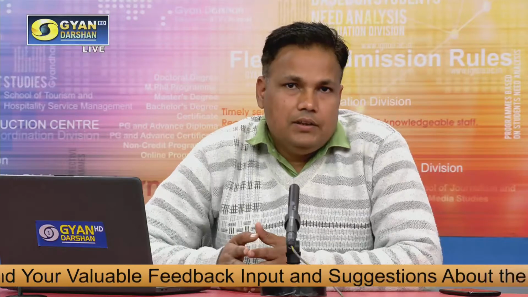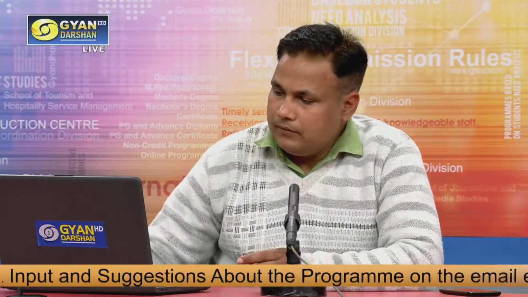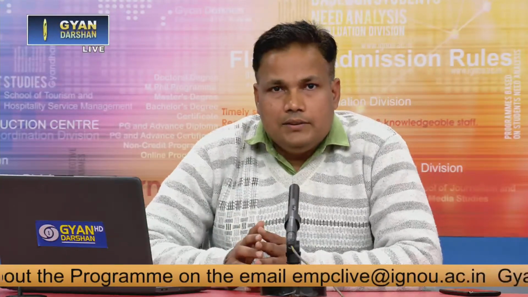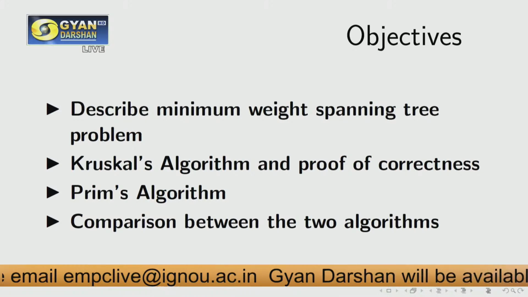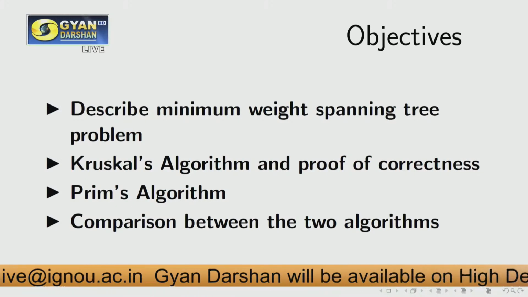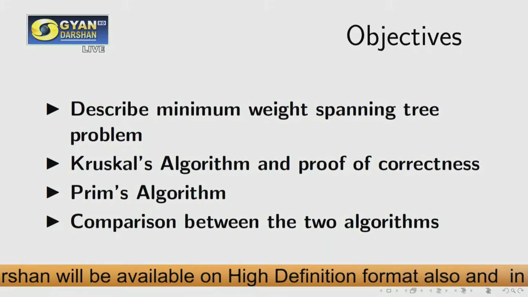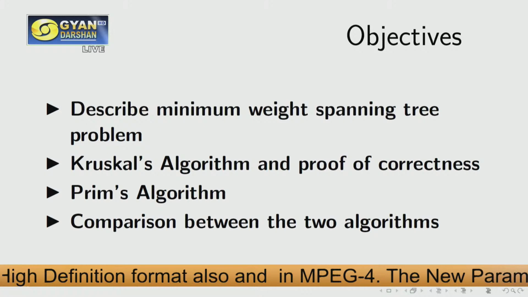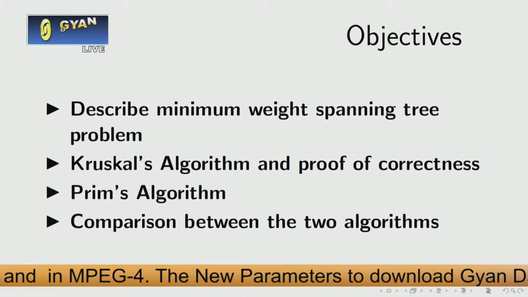So let's briefly discuss the objectives. First we shall talk about what a minimum weight spanning tree is, and then we shall describe the minimum weight spanning tree problem. Then we come to Kruskal's algorithm, which finds the minimum weight spanning tree in a weighted graph.